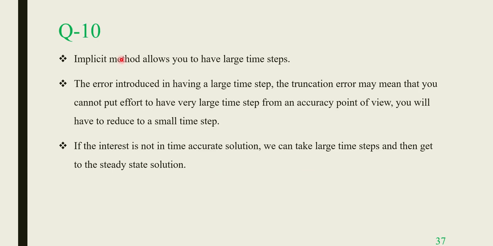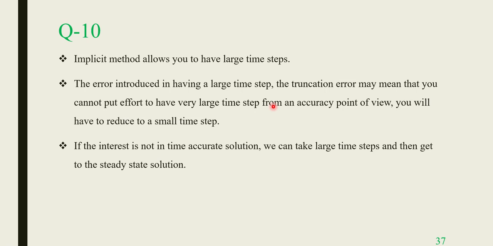So in question 10, an implicit method allows you to have larger time steps. In general an implicit method allows large time steps, but the truncation error introduced by a large time step may mean that you cannot use a very large step from an accuracy point of view. You will have to reduce to a smaller time step.